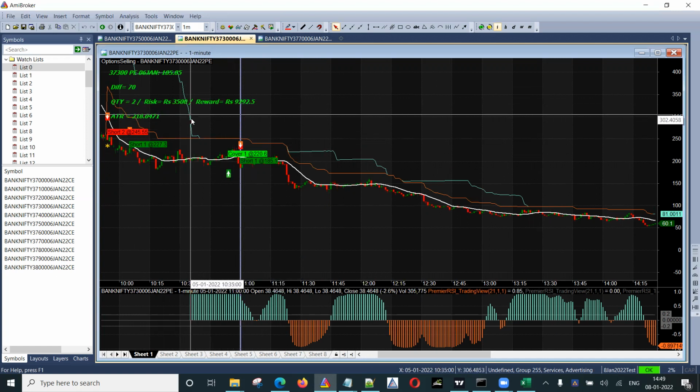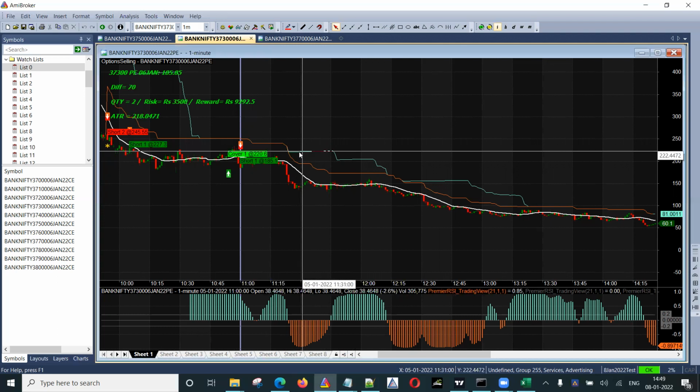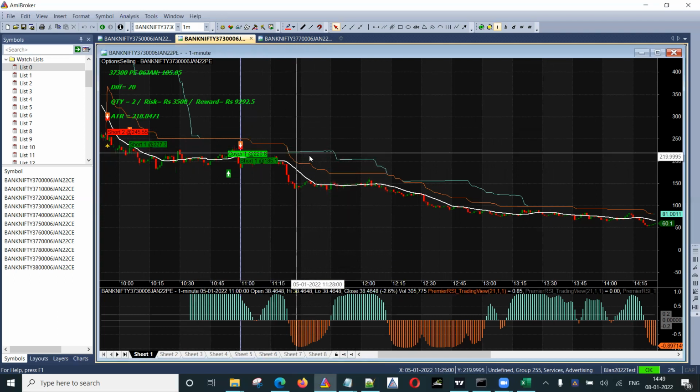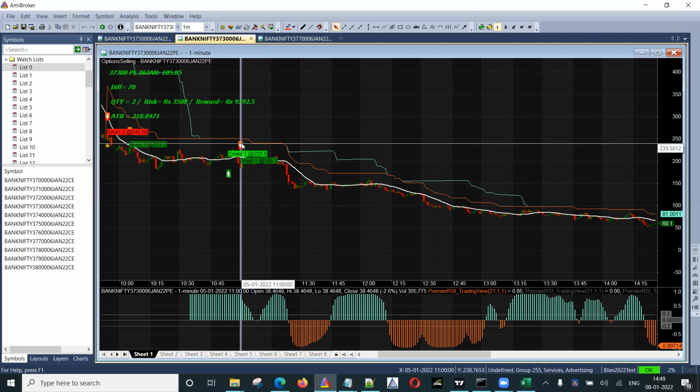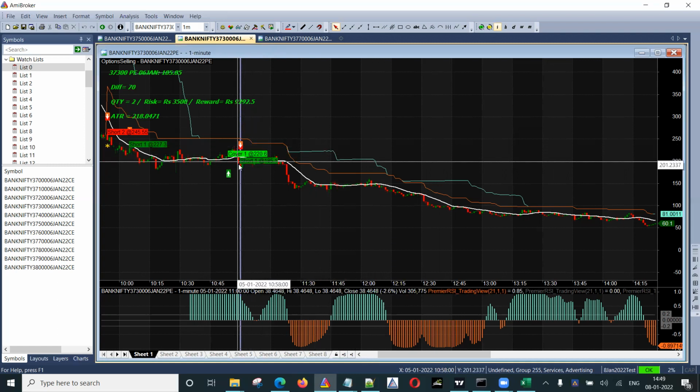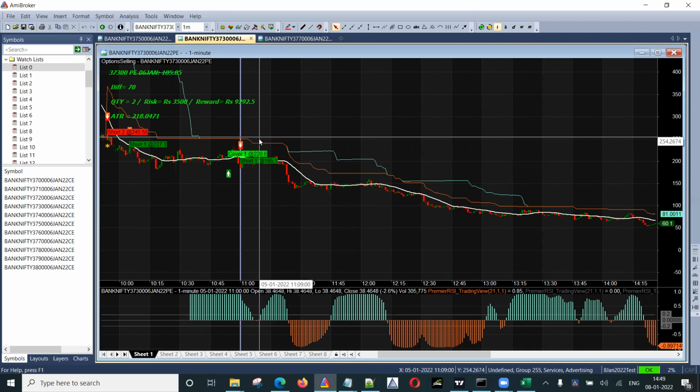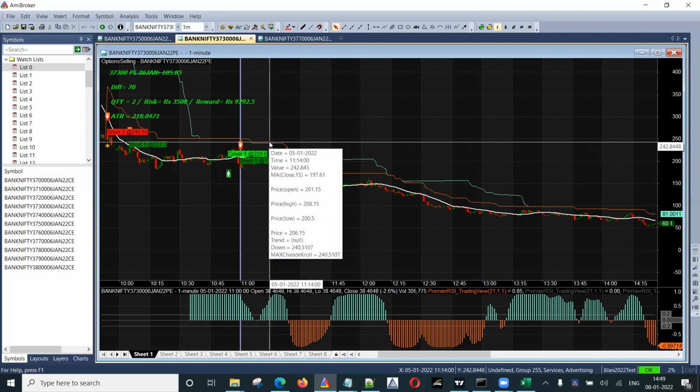And the lines that you see on the top, the bluish green line, the aqua line, is basically the stop loss. Above that, if the options price goes, you will get an exit signal as well.